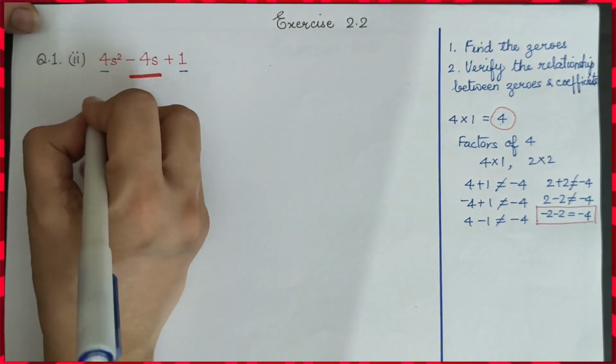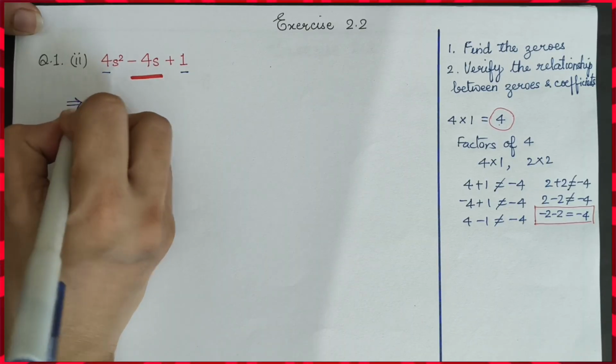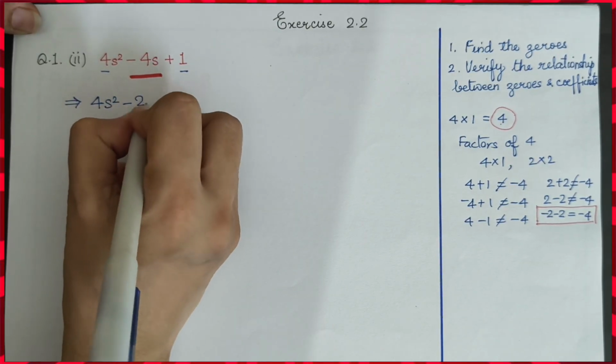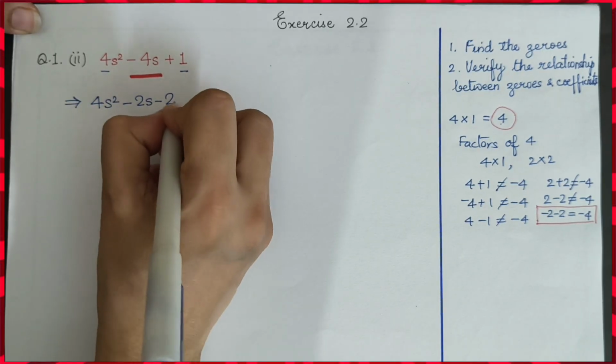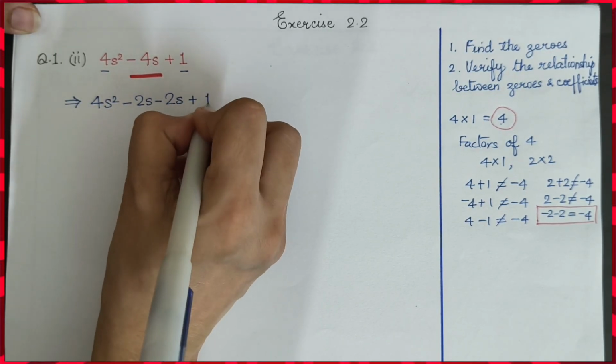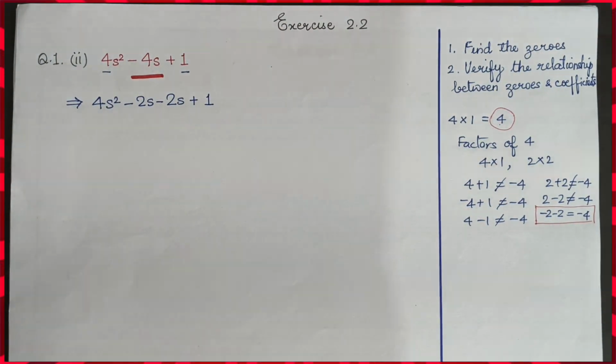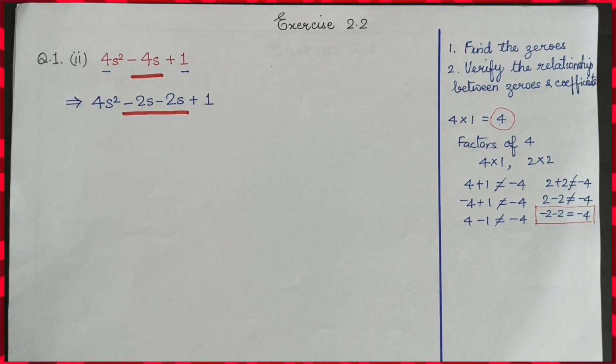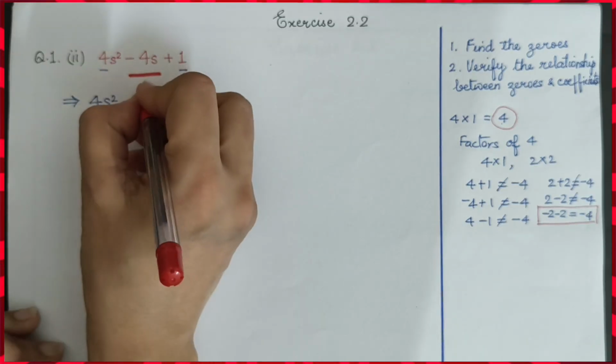So now we are going to split it into these two factors: 4s square minus 2s minus 2s plus 1. So now the middle term has been split into two terms, that is minus 2s and minus 2s. When we add them, we get minus 4.